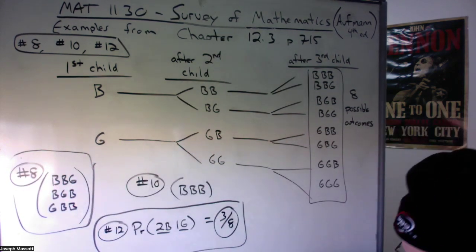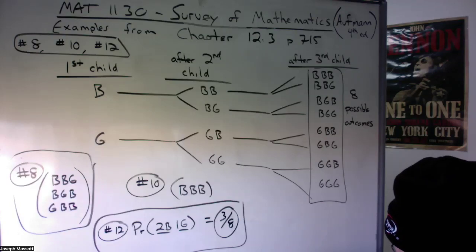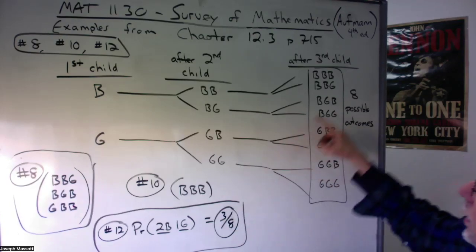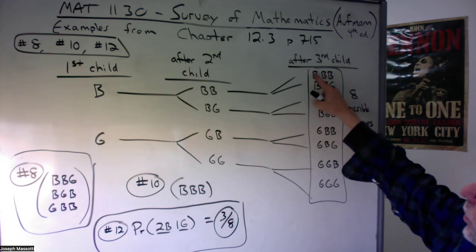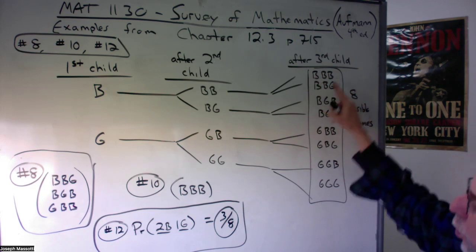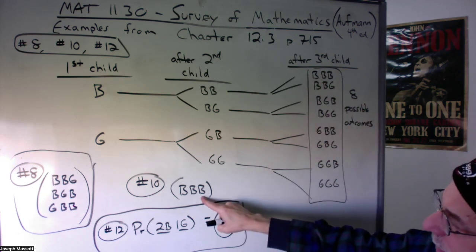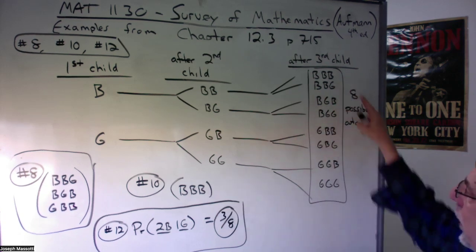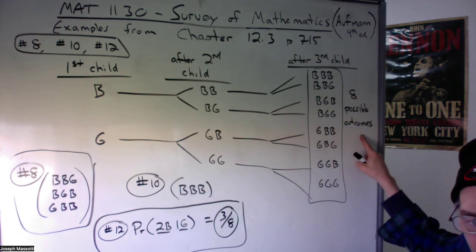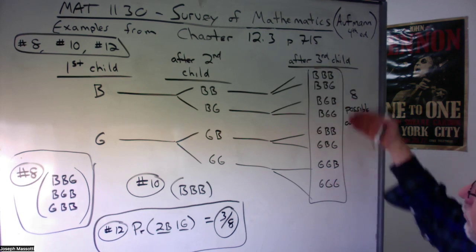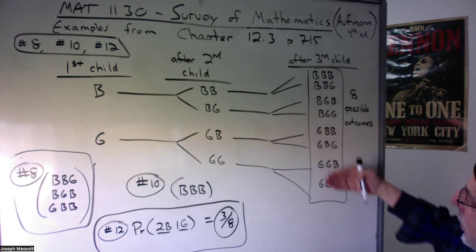Number 10 is just saying, list the elements of the event that the Lins have no girls. There's only one possibility where there are no girls, and that's where you have all boys. The probability of that would be 1 out of 8. So the sample space for 3 children is this.